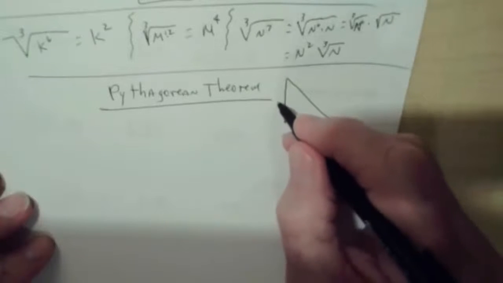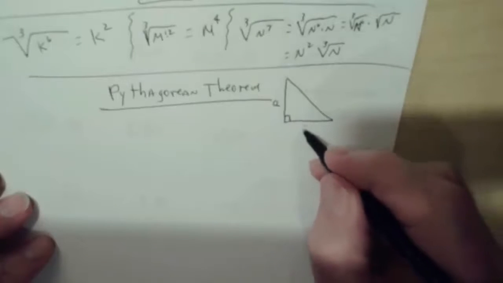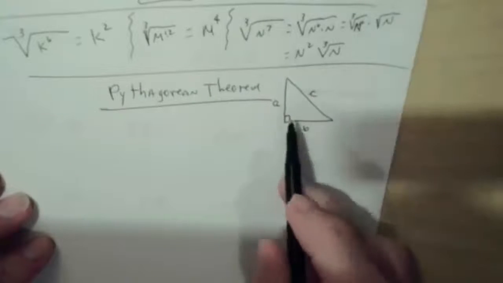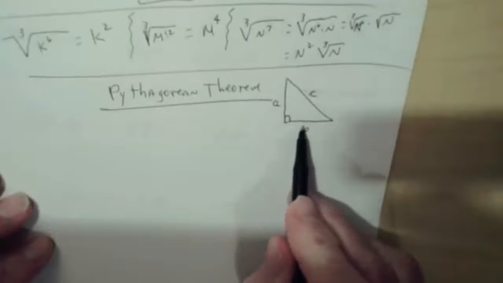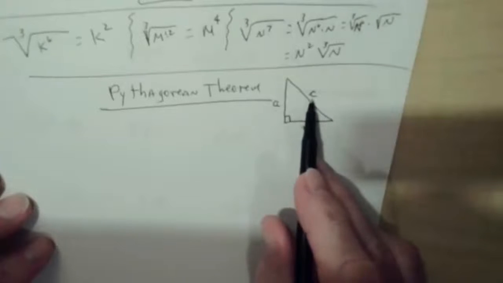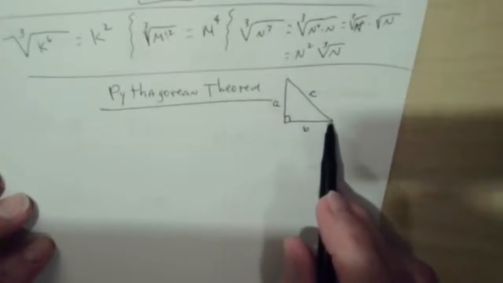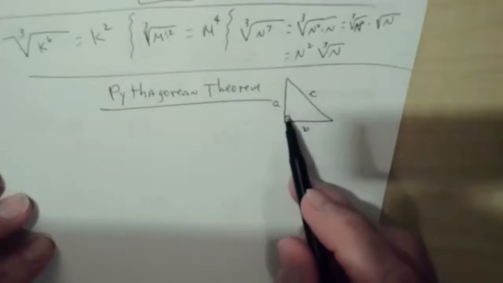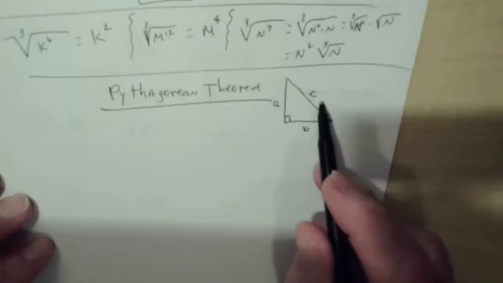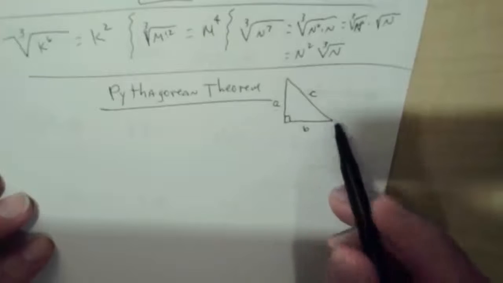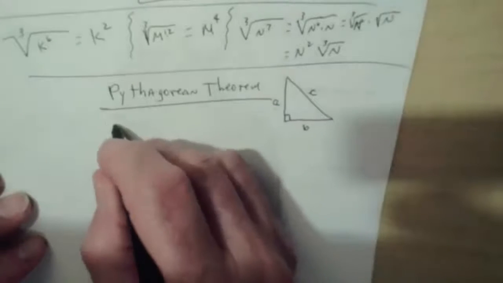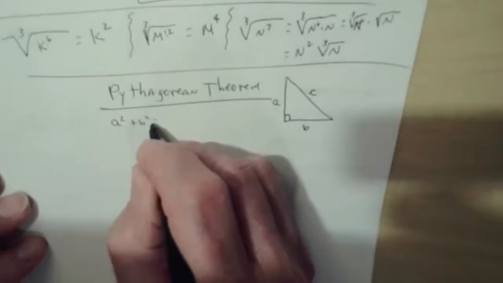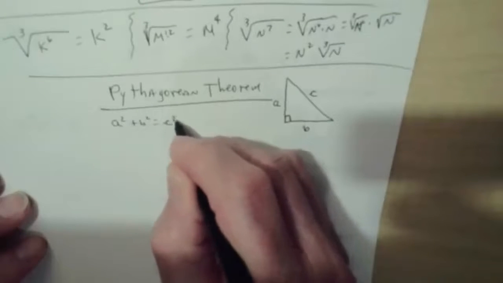This side over here we typically call A, this one we call B, and this one C. A and B, it doesn't make any difference which one's which, but C, the hypotenuse, is the longest side, opposite from the right angle. This one has to be C. Now, the Pythagorean theorem states a squared plus b squared equals c squared.